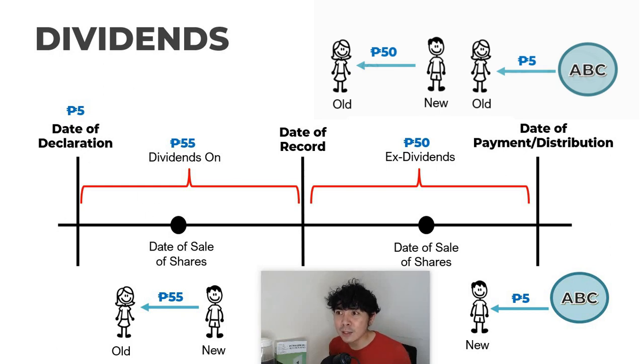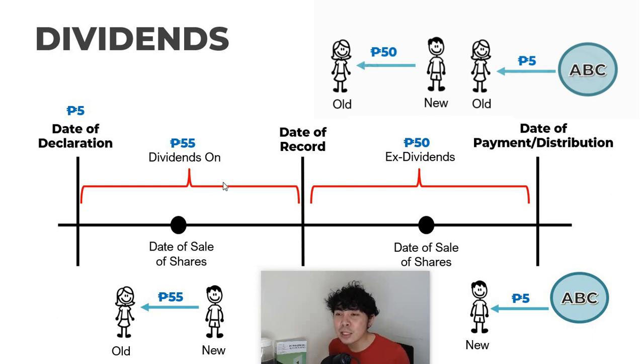So, ang gagawin natin para ma-receive pa rin ng lumang shareholder yung dividendo na supposedly marireceive dapat niya dito sa date of payment or date of distribution, ang mangyari is ang fair value na ibabayad ng new shareholder to acquire the shares is yung fair value ng shares of stocks plus yung dividends na marireceive dapat ng lumang shareholder at date of distribution or at date of payment.